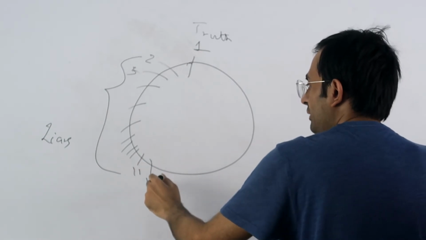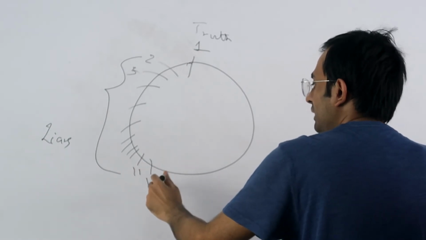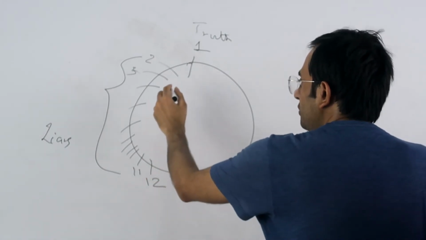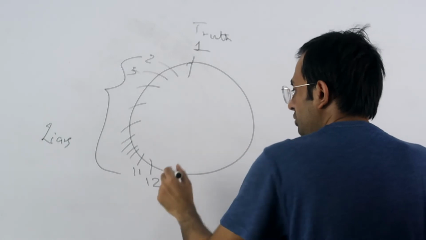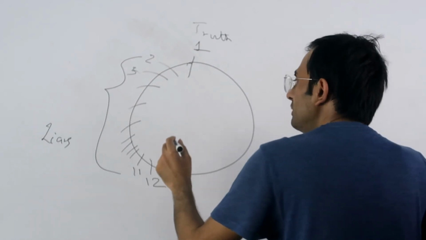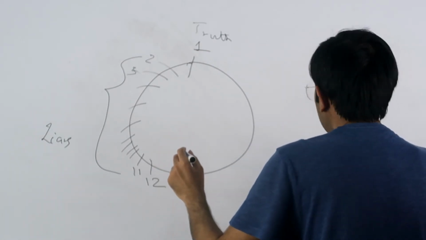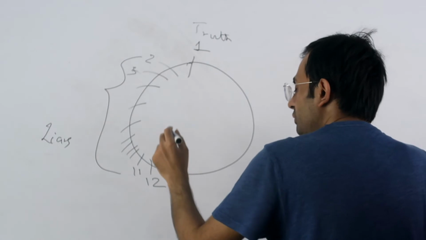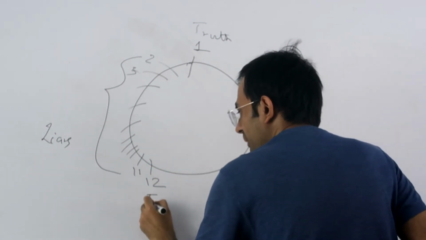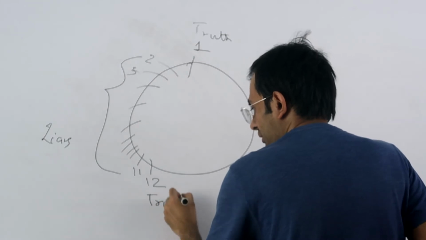What if person number 12 is also a liar? If person number 12 is also a liar, then person 2's statement becomes true, that all the 10 people to my immediate right are liars. And person number 2 is a liar, so his statement cannot be true. So for his statement to be not true, person number 12 has to be a truth teller.